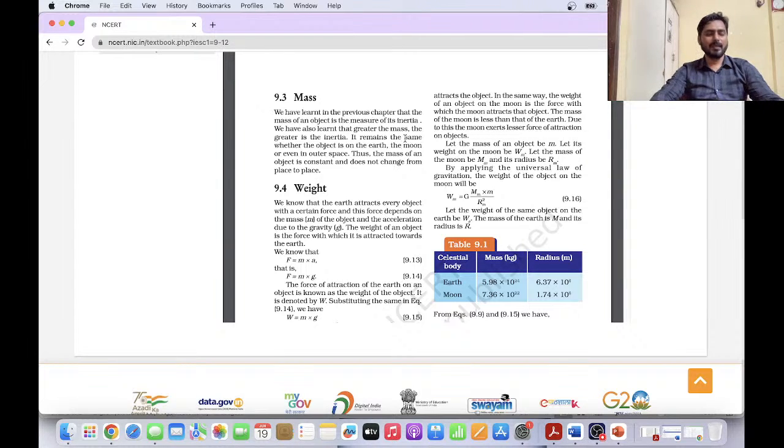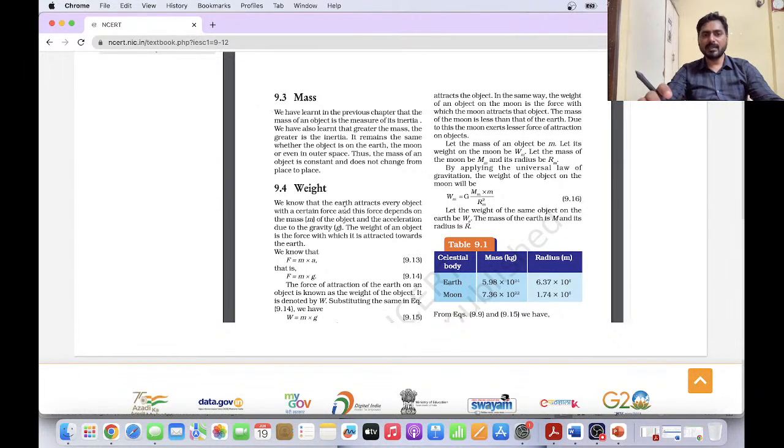No? Okay. So here what we are saying is that there is a difference between the concept of mass and weight. Earth attracts every object with a force, and this force depends on the mass of the object and the acceleration due to gravity. So the weight of an object is the force with which it is attracted towards the earth.